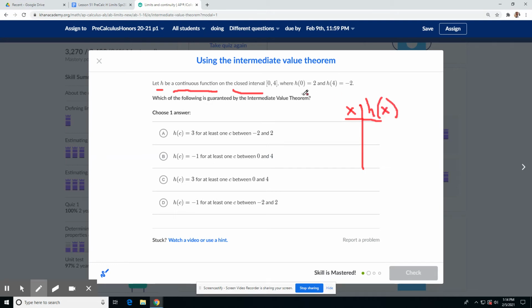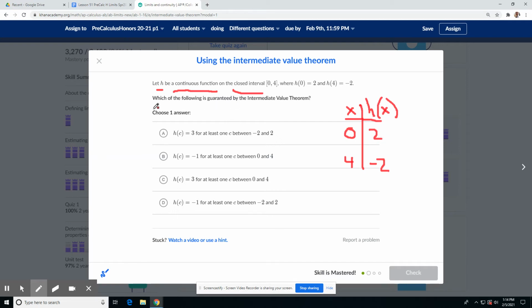So we're between 0 and 4, and the output at 0 is 2, the output at 4 is -2. So that means between 0 and 4 there has to be all values. It touches everything between 2 and -2.